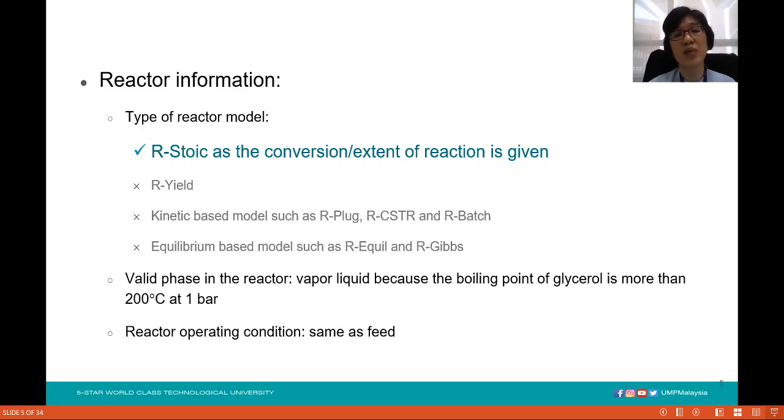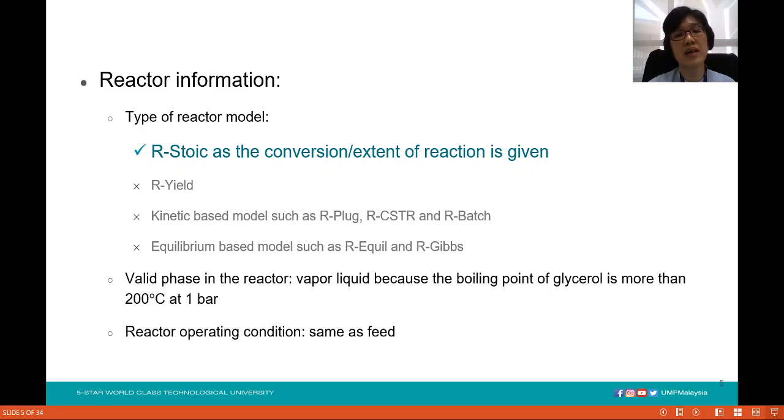We have learned RStoic, RYield, kinetic-based models like RPlug and RCSTR, and also equilibrium-based models such as REquil and RGibbs. In this case, the conversion is given in the question. Based on this hint, we know that RStoic should be used as the reactor model to simulate the process, right? So we move on.